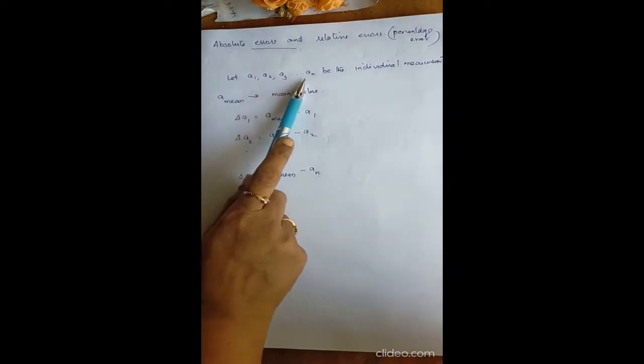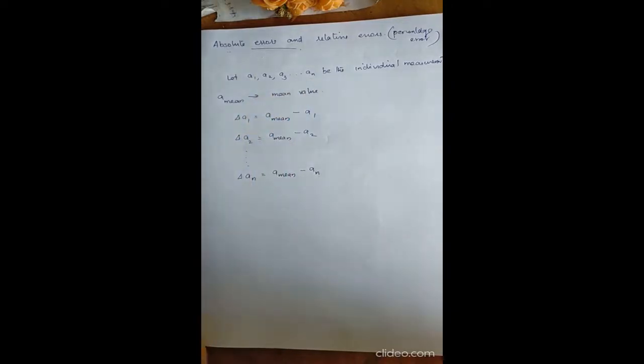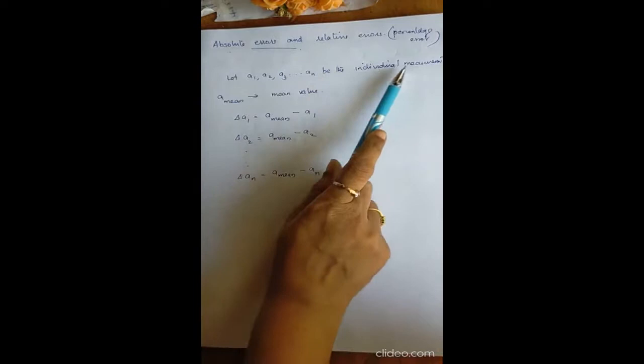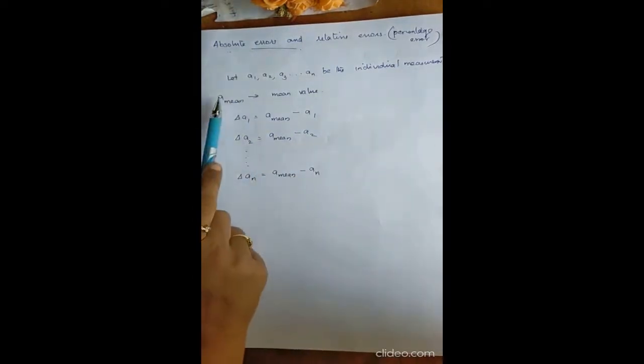It is defined as the magnitude of the difference between the true value of the quantity and the individual measurement value. Suppose let A1, A2, A3, etc. up to AN be the individual measurements, and A mean be the mean value.